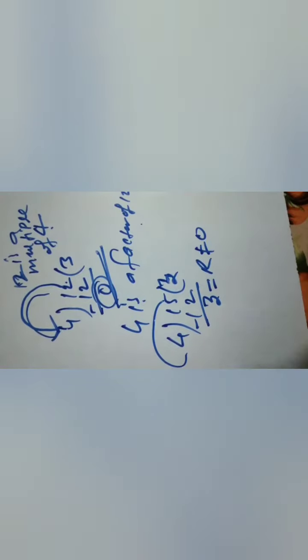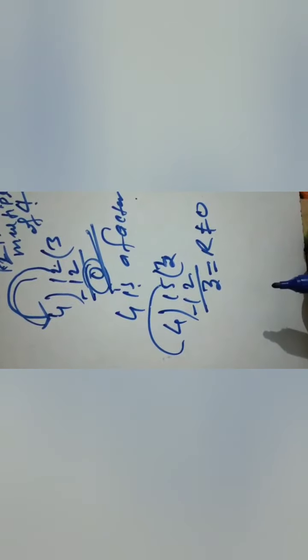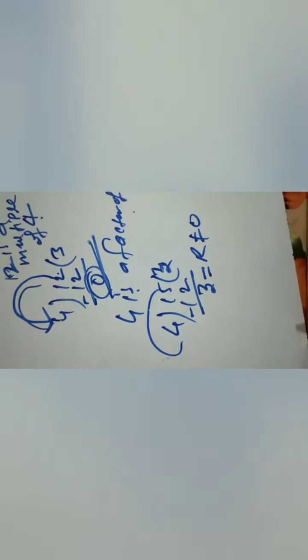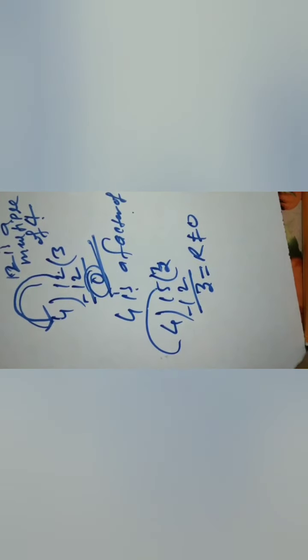Both are the same. If 12 is a multiple of 4 or 4 is a factor of 12, both have the same meaning. So in this way you can verify whether the given polynomial is a factor of the given polynomial or not, or whether a given polynomial is a multiple of the given polynomial or not.